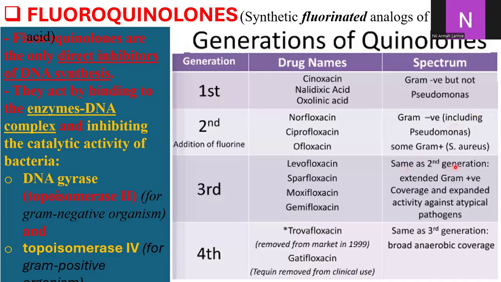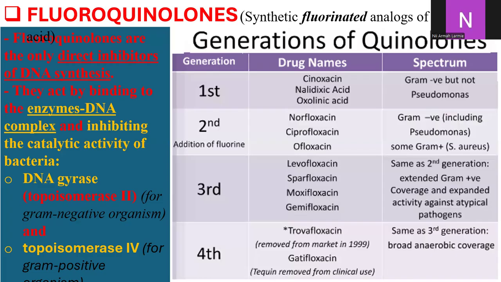Third generation has extended gram-negative activity and some gram-positive activity, but in the third generation, the gram-positive activity is extended. And then finally, in the fourth generation, they have both extended gram-negative and extended gram-positive activity, but also broad anaerobic coverage.